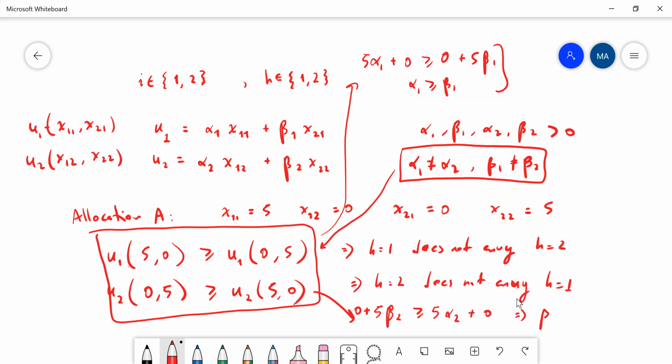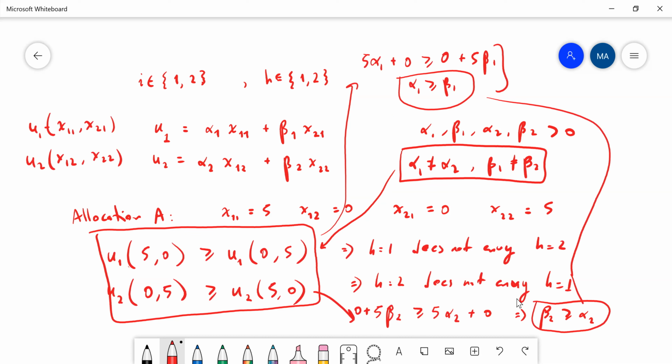So if beta 2 is greater than or equal to alpha 2, right? Then we have fairness, because we have envy freeness and we have Pareto efficiency.